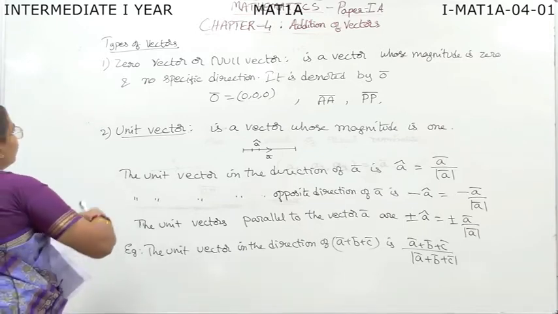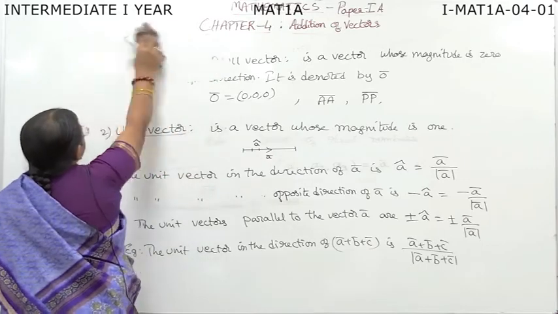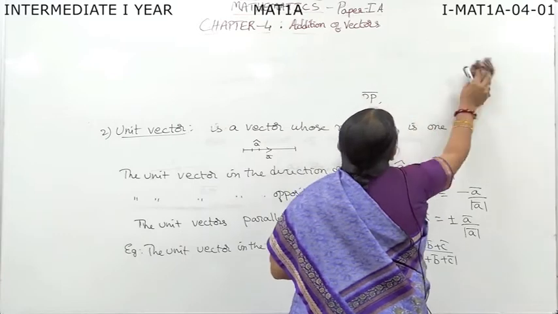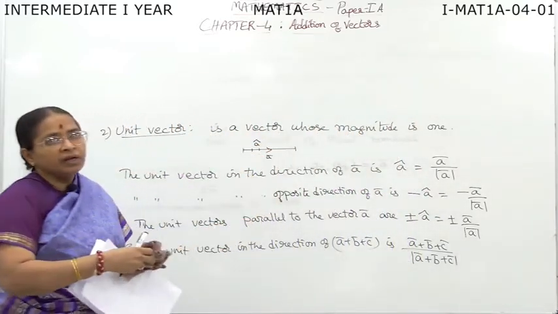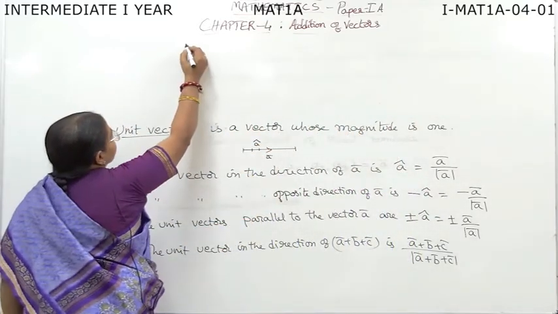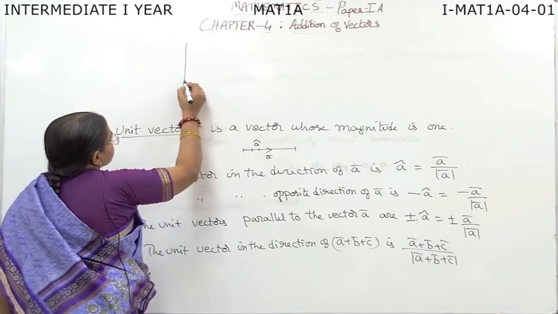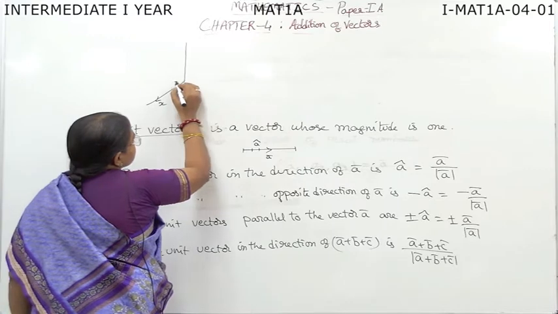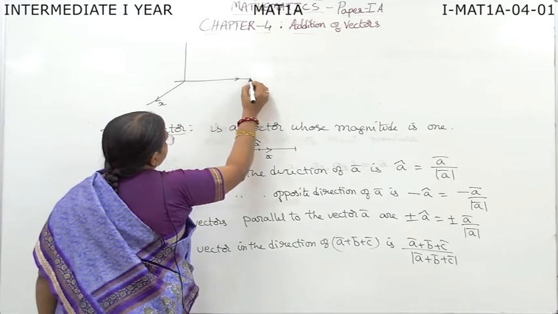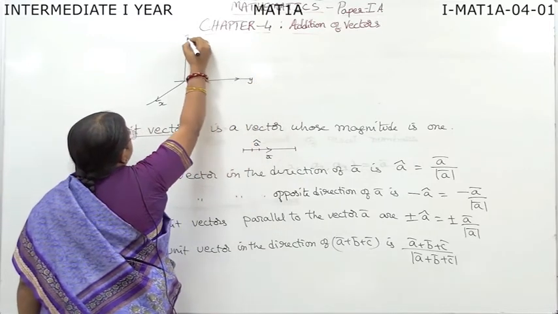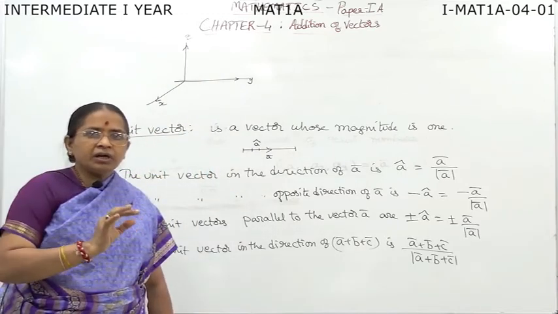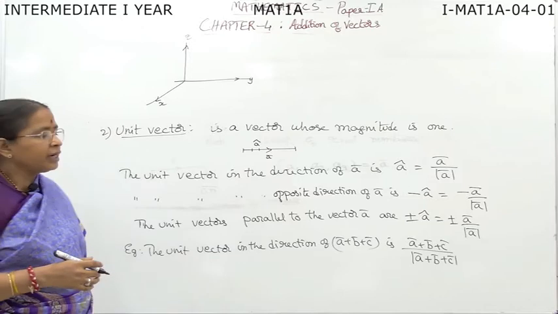Now we have unit vectors in the direction of positive x-axis, in the direction of negative x-axis, like that. We have standard notation. Suppose that this is x-axis and this is y-axis and this is z-axis. So we are in the three-dimensional coordinate system.